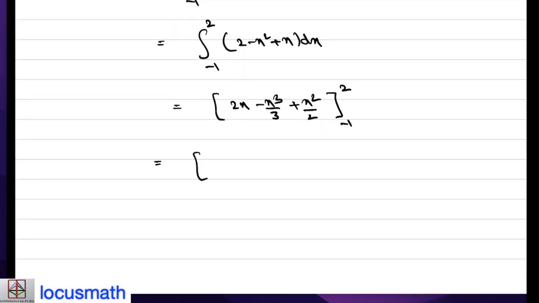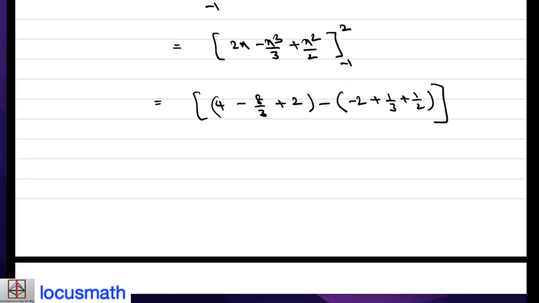So if you substitute the upper limit, we get 4 minus 8 by 3 plus 4 by 2, which is 2, minus the value at -1, which is -2 plus 1 by 3 plus 1 by 2. So this is equal to 6 minus 8 by 3 is the first bracket, minus the second bracket. If you open the bracket, plus 2 minus 1 by 3 minus 1 by 2.